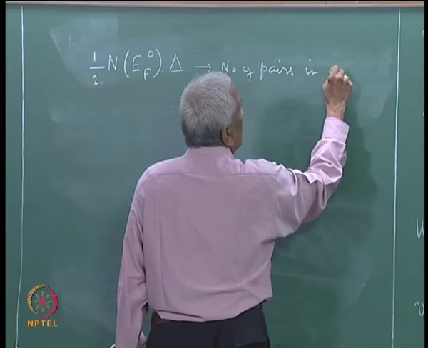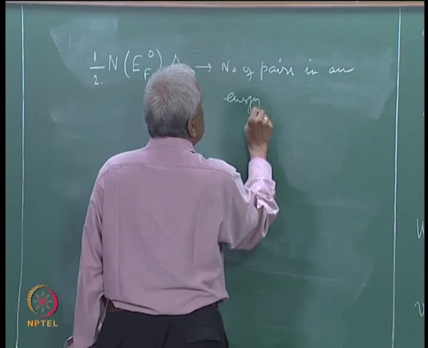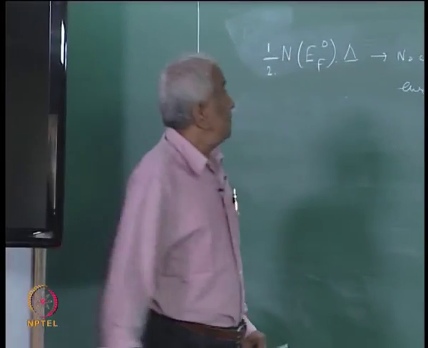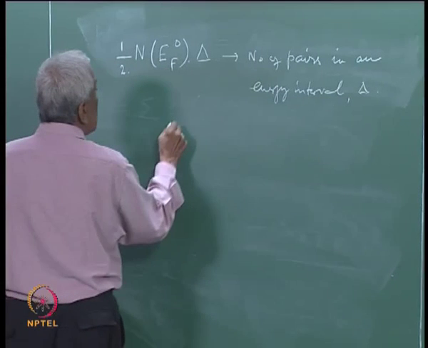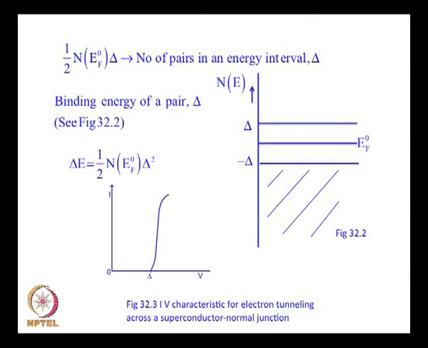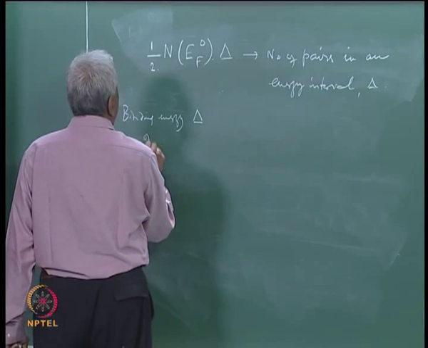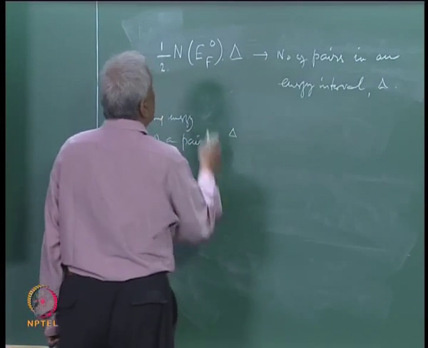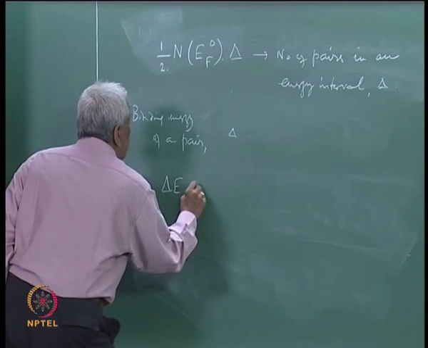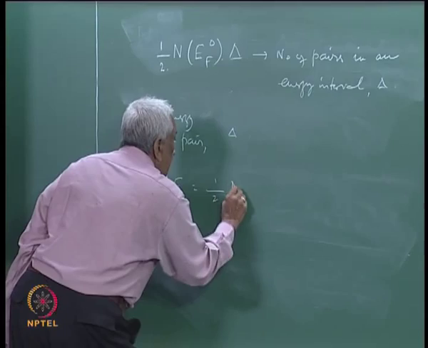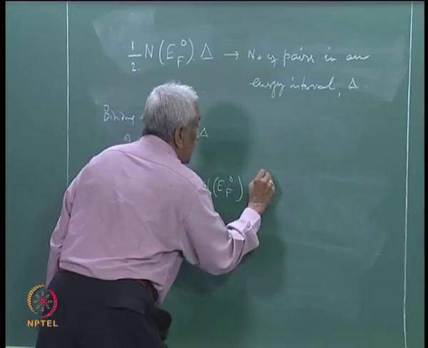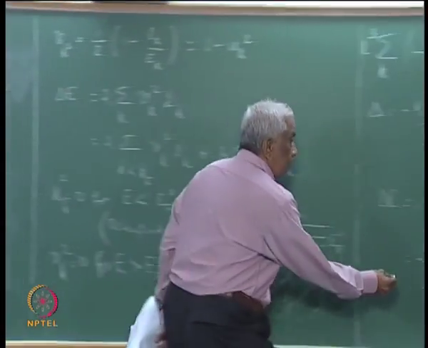and this is the number of pairs in an energy interval delta. Therefore, if each of them has a binding energy delta, the binding energy of a pair is delta, then delta E, the condensation energy, is just the number of pairs times delta, which is delta square, which is the result that we have here.